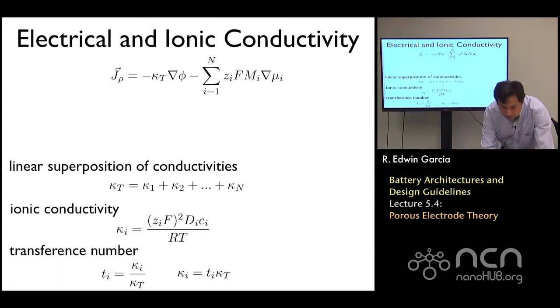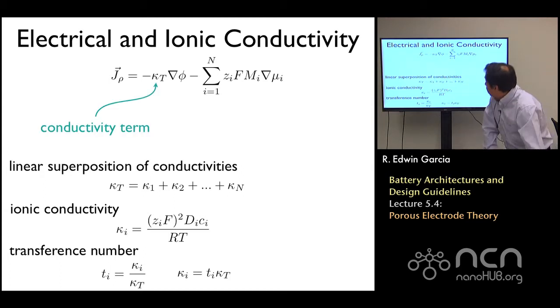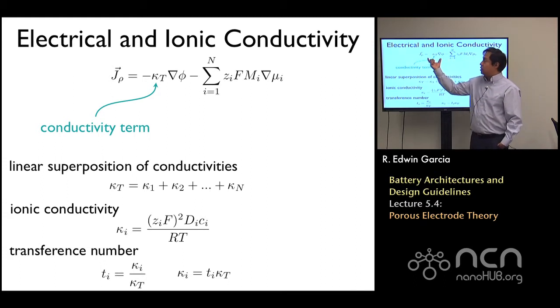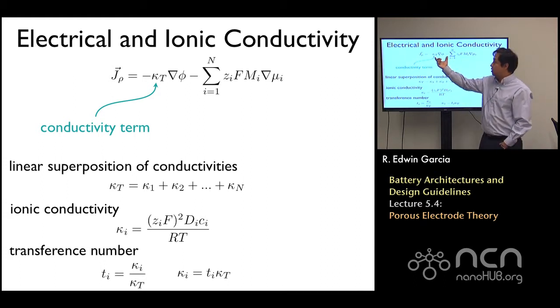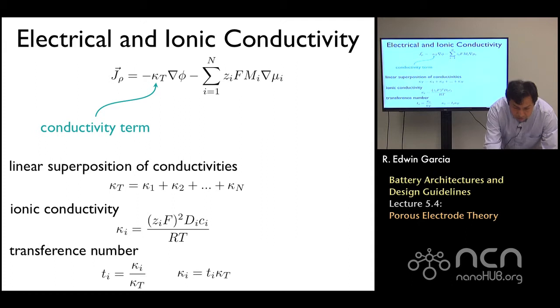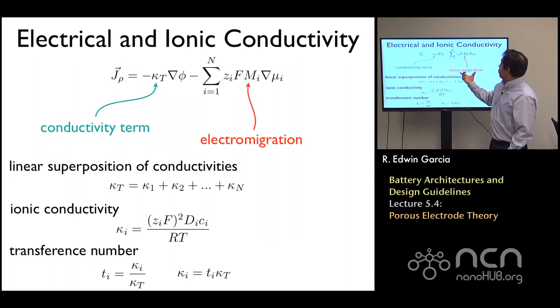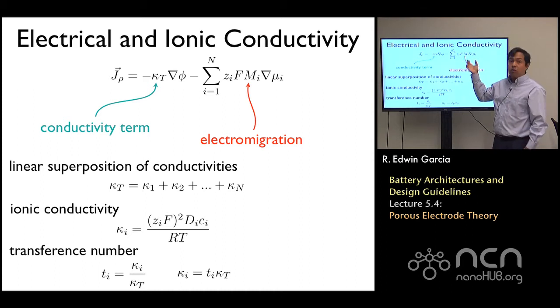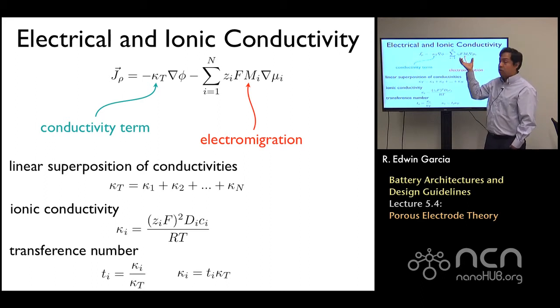Okay, now in this case you can think of this term as what is known as the conductivity term, as it's classically defined, and the electromigration coefficients would correspond to these other terms as we've known them also in the past. And in this case, these terms are exactly the ones you saw in the previous slide that relate the mass transport to the voltage difference.